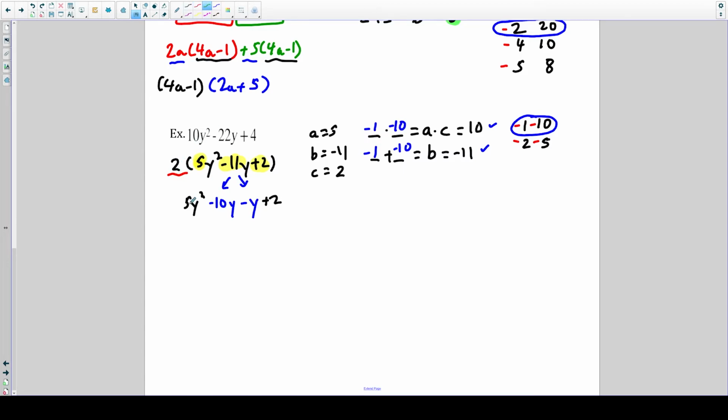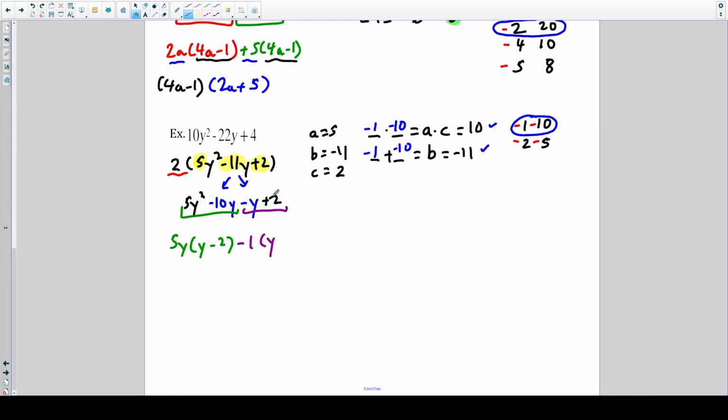So we're just going to pair those two up, and then we're going to pair those two terms up. So I'm going to factor out a 5y. That gives me y minus 2. And then over here, I'm going to factor out a negative 1 actually. So we want to think, when we factor out a negative 1 here, we are left with a y in the middle. Again, if I were to multiply this out, negative 1 times y gives me that negative y.